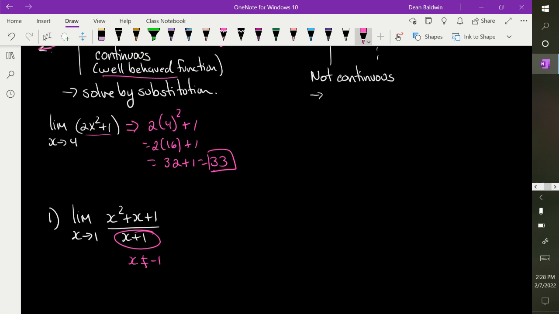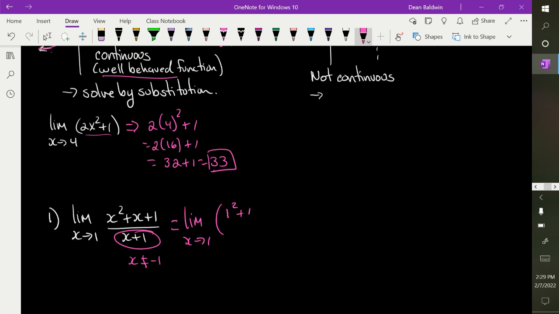But are we approaching -1? No, we are not. We are approaching +1. So even if there is a discontinuity, a gap, a hole, a vertical asymptote, a jump, whatever, as long as the function is continuous at the point you're going to, you can sub in. That is your default method. Always try subbing in.